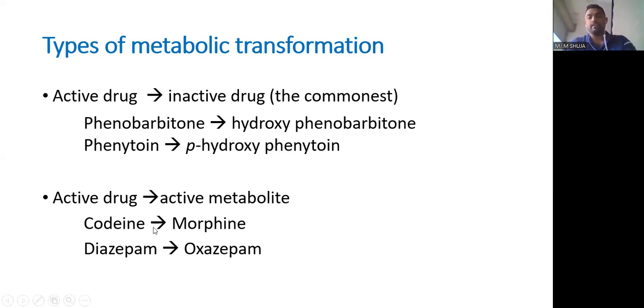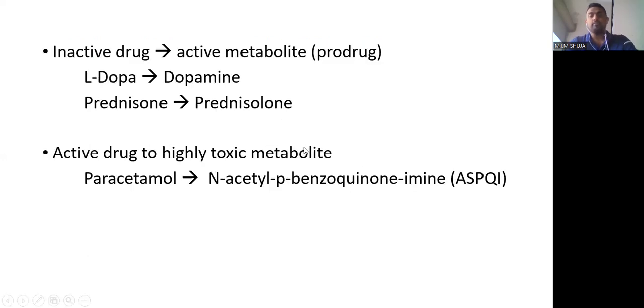Codeine is metabolized and becomes morphine, the active metabolite. Diazepam is metabolized and becomes the active form oxazepam. And there are a few prodrugs that are in an inactive form; once they get metabolized, they become active metabolites.